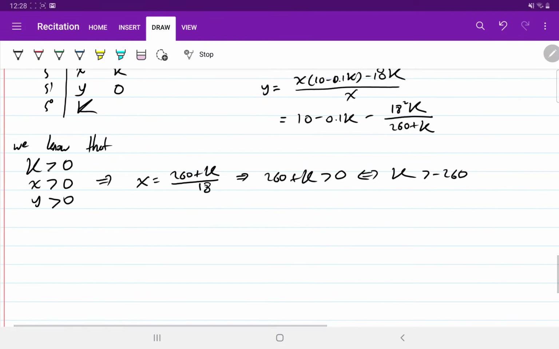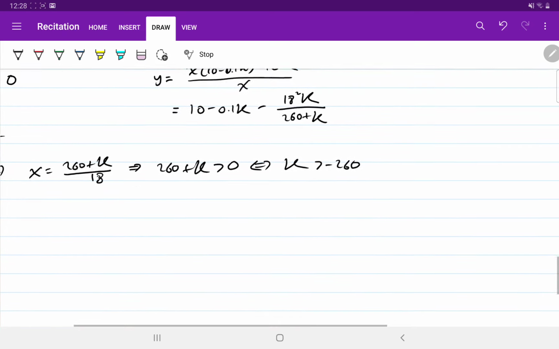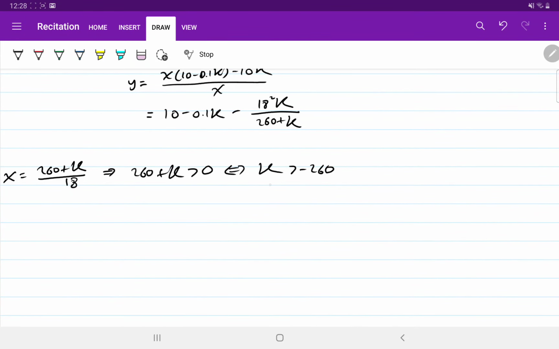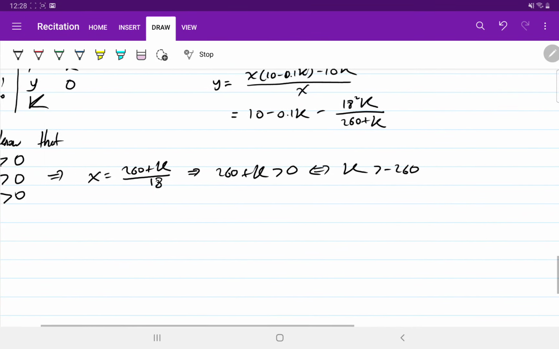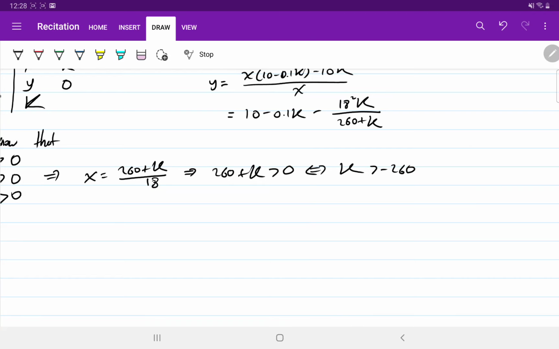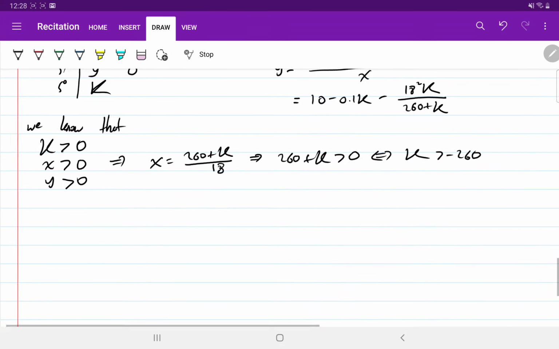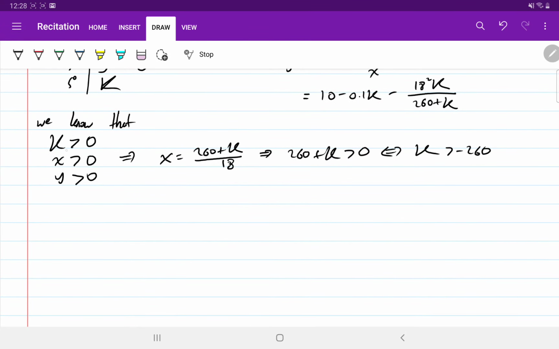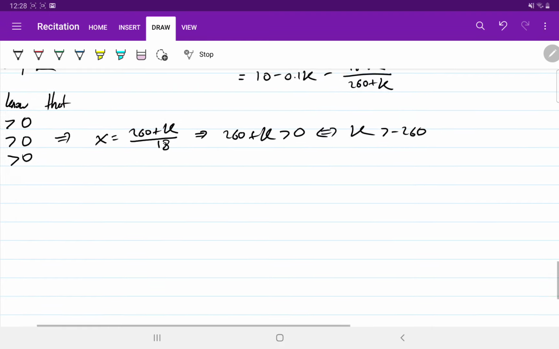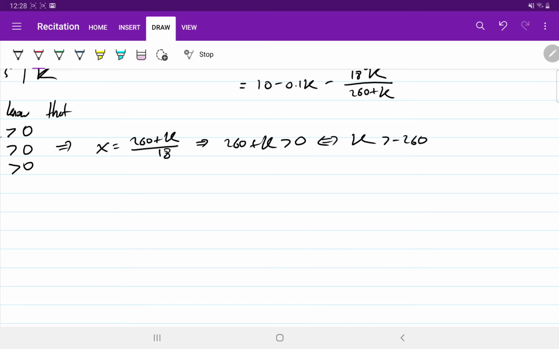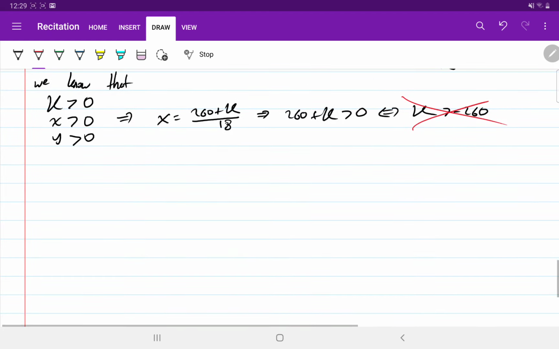But since k must be greater than 0, this condition doesn't matter. So we can neglect this condition because we need k to be positive anyway, right? So just abandon it, remove it.